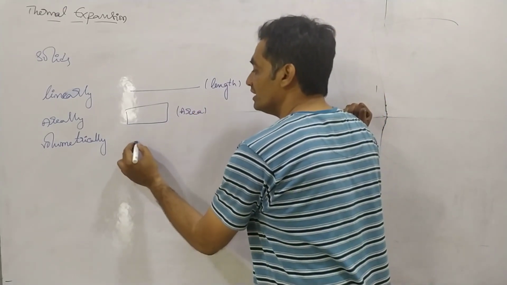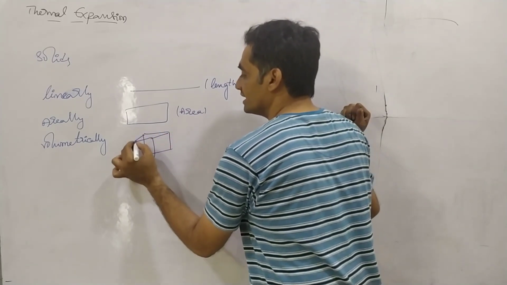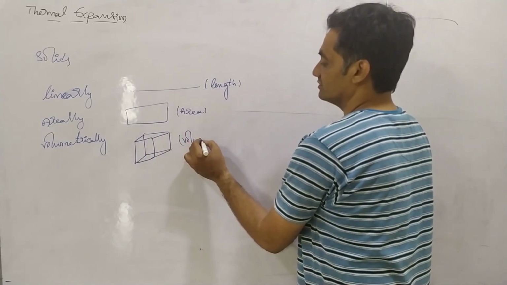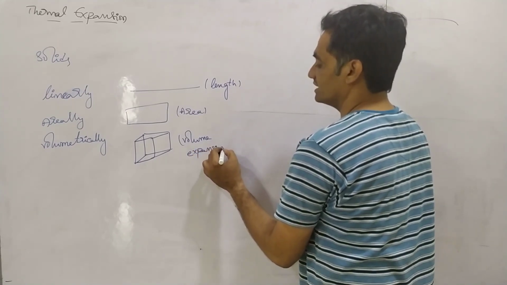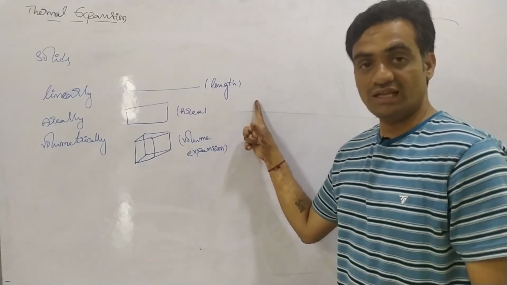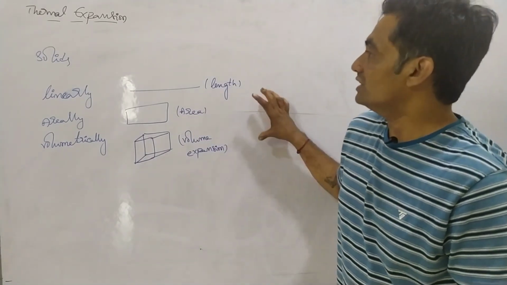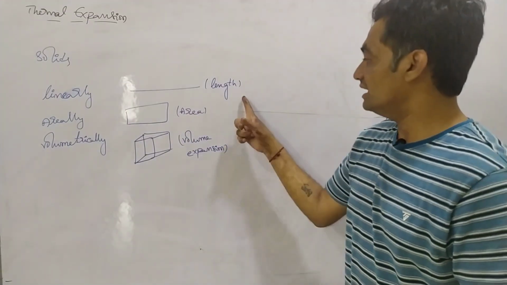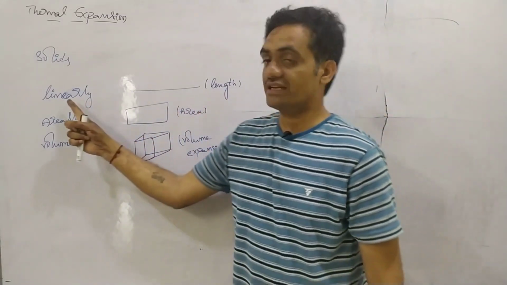Suppose the body volume has been expanded due to heating, then we can represent it as volume expansion. Observe that a body can expand along the length, or based on the area, or based on the volume. So in the case of thermal expansion for solids we can observe these three types of expansions: length, area and volume. Now we are going to discuss linear expansion.